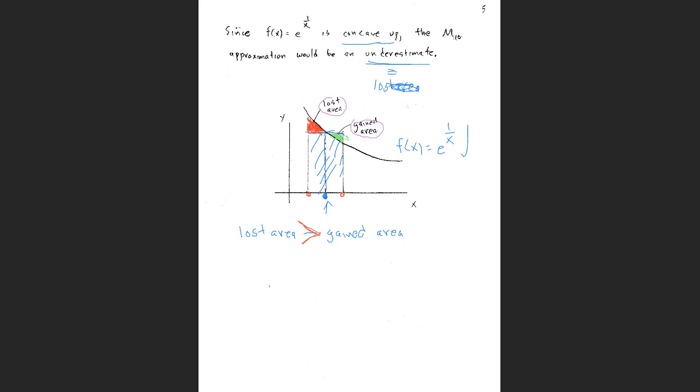Okay, so in other words, this is just an aside here, but you have to think about this a little bit because there are going to be problems like this in WebAssign for section 5.9, and some of them are multiple choice. You have to be very careful.